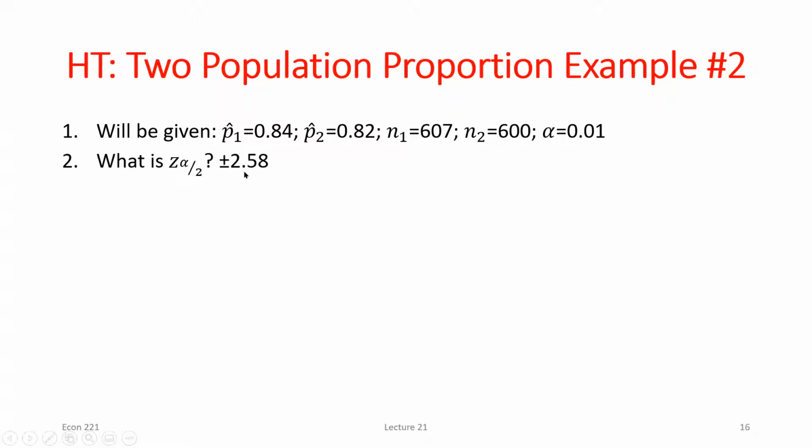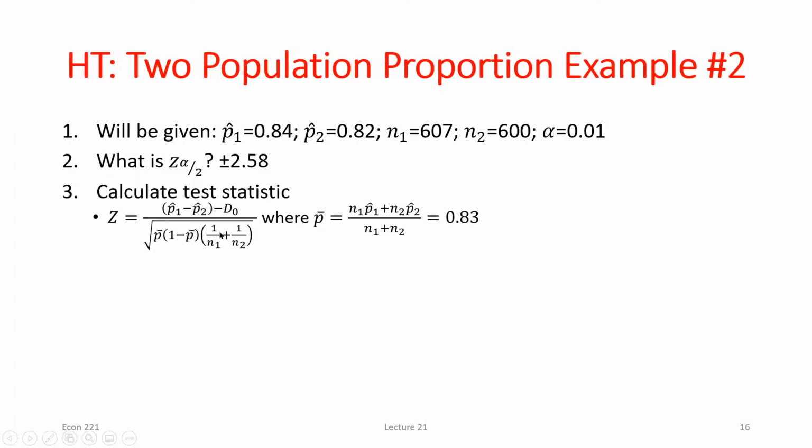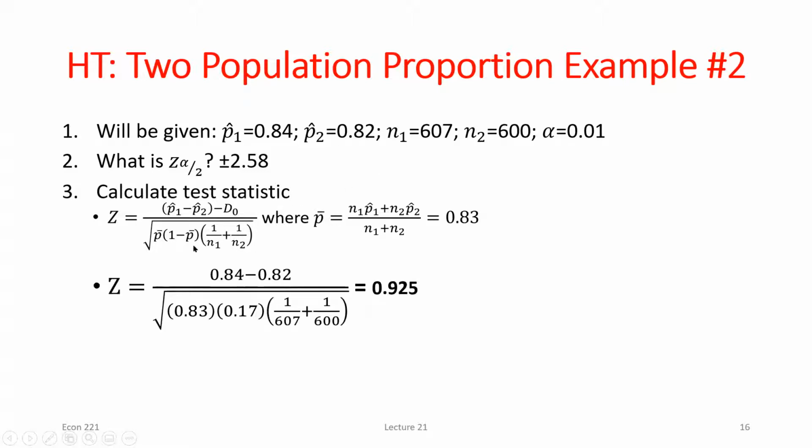We've got our critical values for the two-tailed test. We have to use these equations to find the test statistic. So we first calculate p bar, plug everything in here. We then plug p bar into our test statistic equation, with sample proportions, sample sizes, and an assumed true difference of 0. We end up with this test statistic of 0.925.